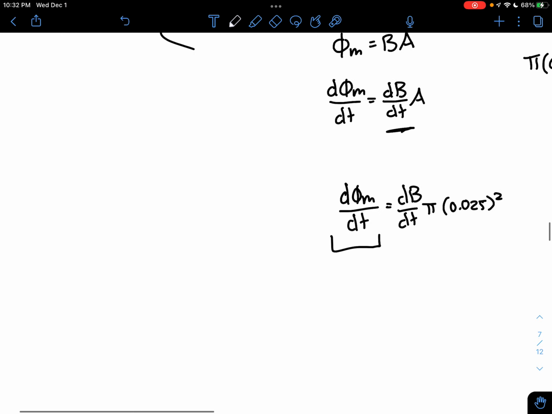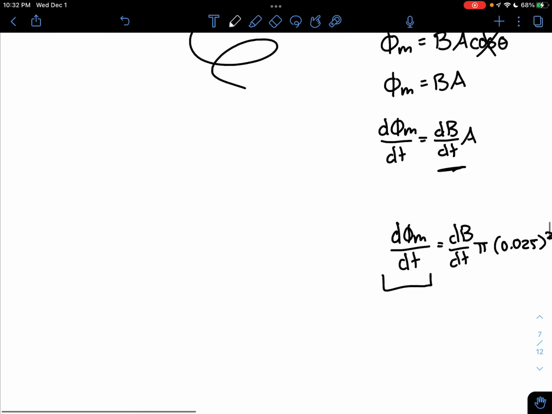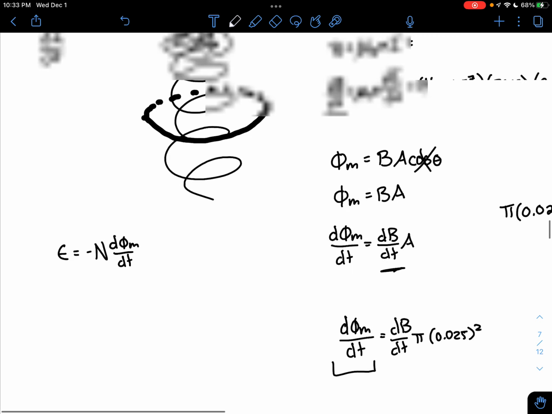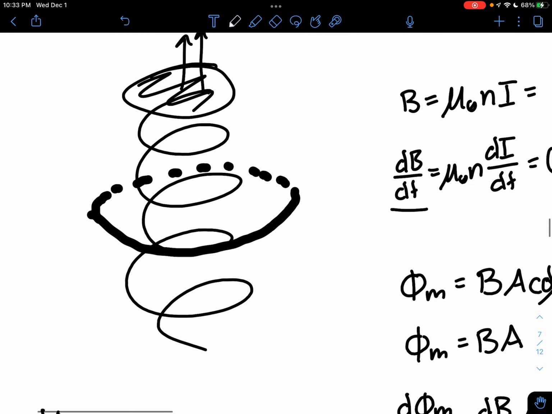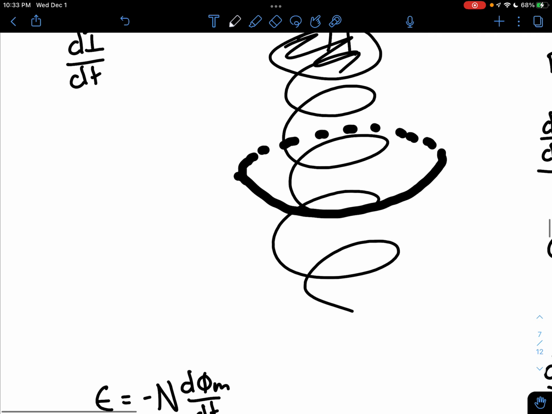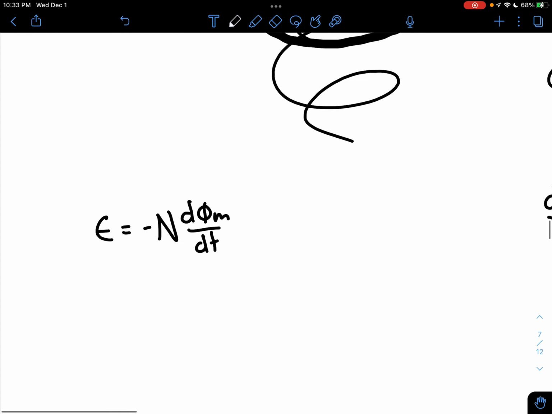And the great part about our change in magnetic flux over time is that it can get us our induced electromagnetic field. So that's just going to be our negative N d phi dt, because this is our electromagnetic field of the loop. The electromagnetic field coming through the loop is just the bit that's coming through the solenoid. It works out. The number of loops in our singular loop is just 1.